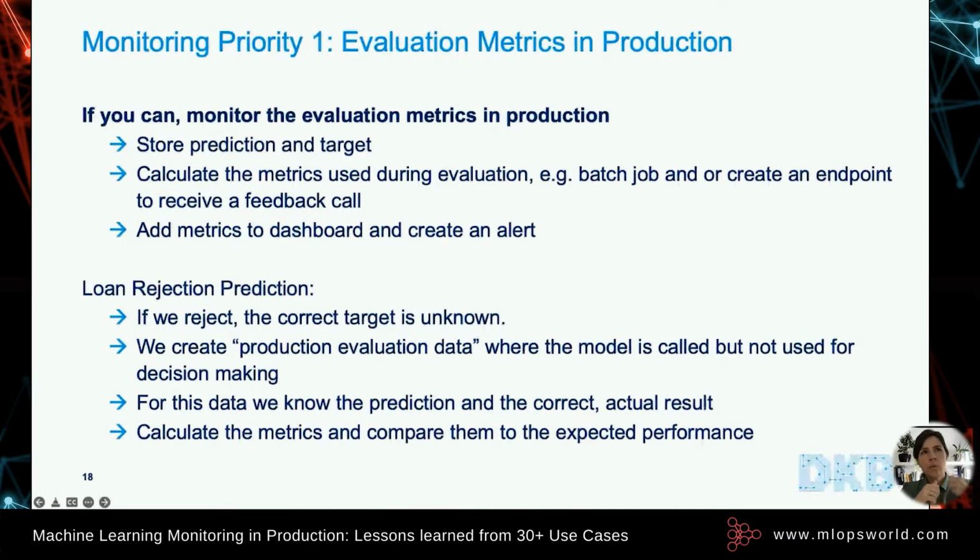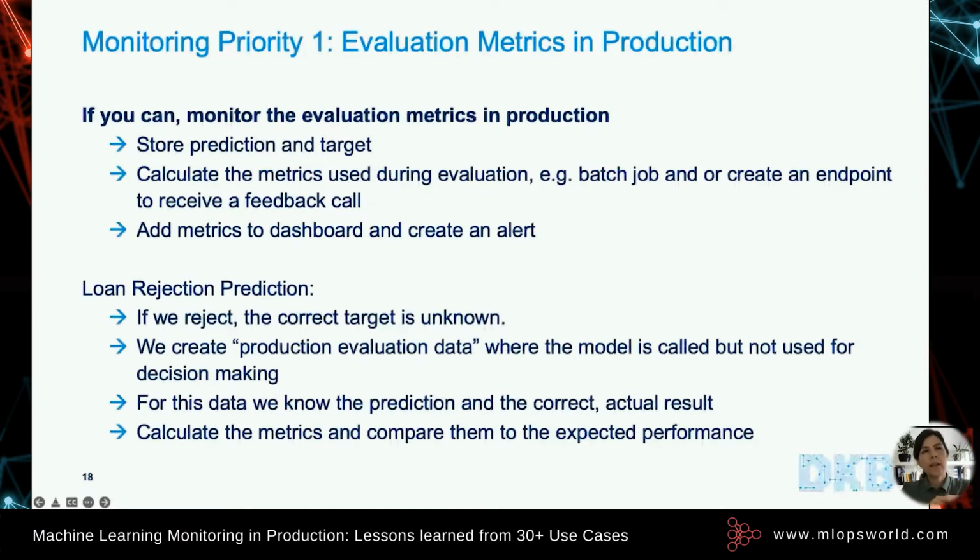So what you do for this is you store the prediction and you collect the eventual target, and you calculate the metrics that you also use during evaluation. For example, you use a batch job, or you create an API endpoint to receive a feedback call. And then you add these metrics to a dashboard and you create an alert so that you are notified when it goes below or above a certain level.